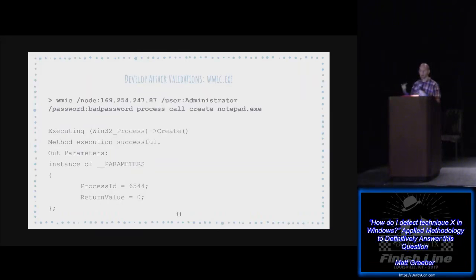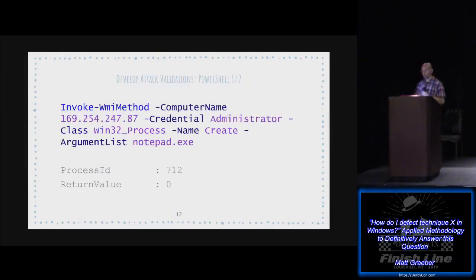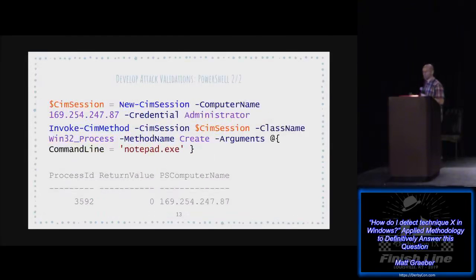All right, so here's one attack validation. So here's how you would do WMI-based lateral movement using Win32_Process Create using wmic.exe. So this is just one procedure for this TTP, WMIC, okay? And here's another one using PowerShell, using the older Invoke-WmiMethod cmdlet. So this under the hood is going to be pretty similar to WMIC.